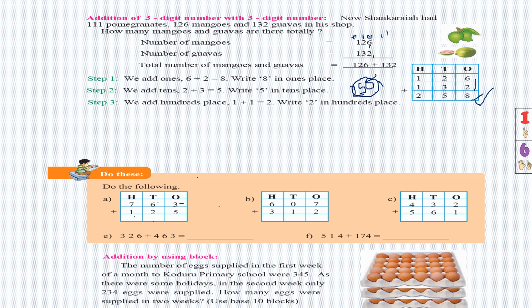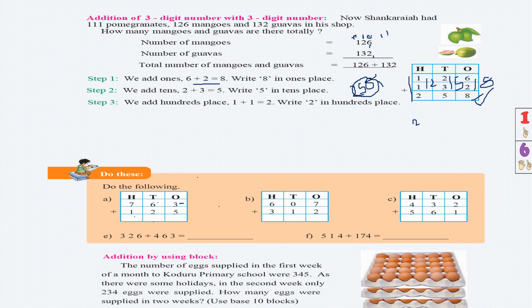Now if the question is like, what is the total number of fruits he is carrying, pomegranates, mangoes and guavas? Now this is 3 numbers you have to add. So in this case, first we have to add what? 6 plus 2, 8 will come in the ones place. Next, if you add these two, the same way, you will get 5 in the tens place and 2 in the hundreds place.